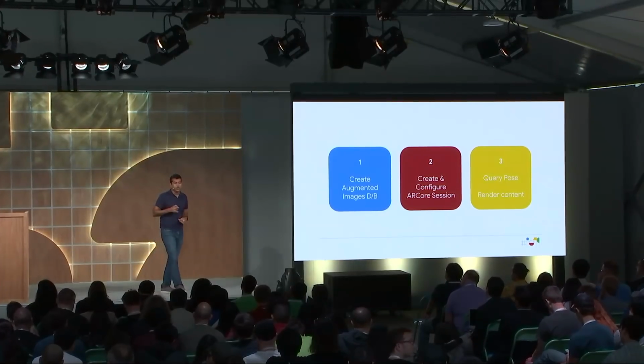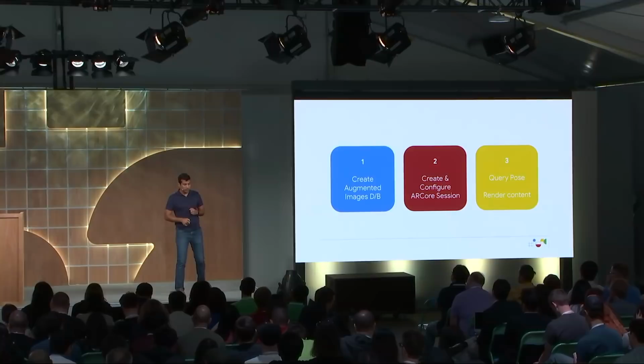The first one is to create a database of images that will be used to trigger the experience. Number 2 is to create and configure an ARCore session to use augmented images. And finally, at runtime, you query the camera at every frame at 30 hertz, figure out the pose of the image that you're tracking, and render content on top of it.